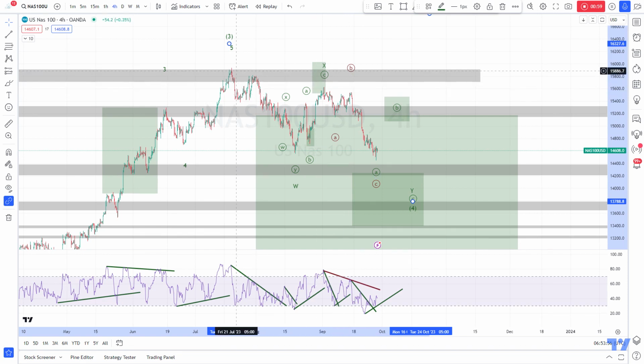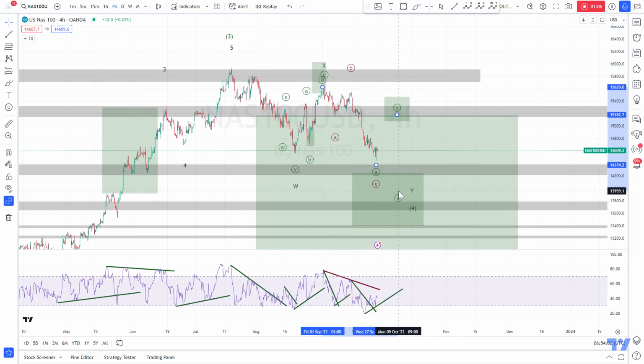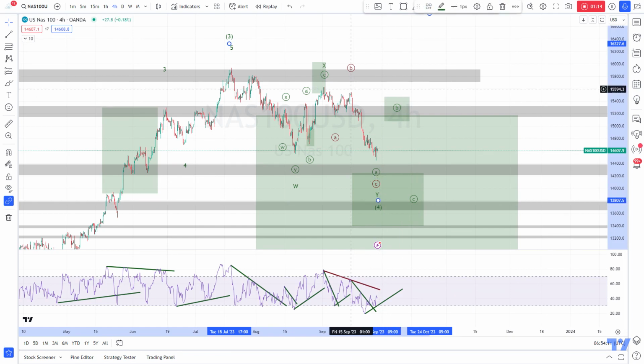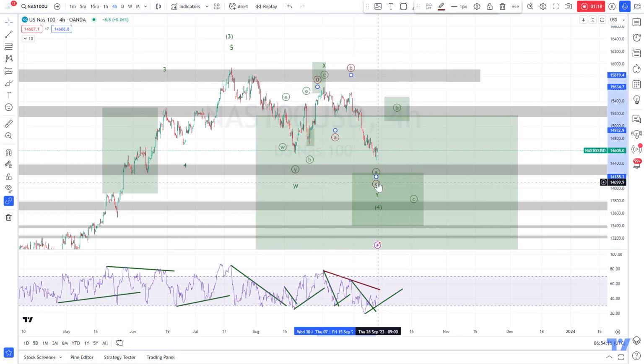So that would mean wave W as a WXY, wave X as an ABC, and then in case our low is in here or almost in, then this could be an ABC structure indicated in red. Wave 4 is in, and we can start a new impulse.